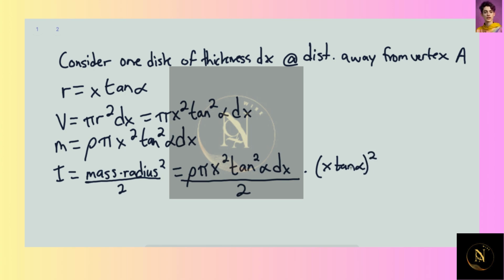That would be our radius term. And at this point, we can say that I is going to equal rho pi of x to the 4th tan to the 4th alpha dx all over 2. And at this point, we can integrate.